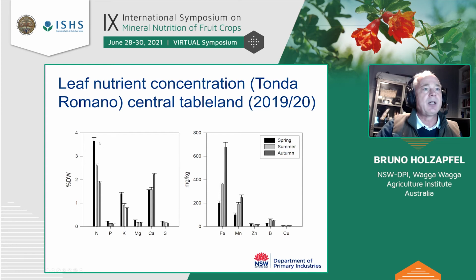So we find considerably higher levels for nitrogen in Tonda Romana at the beginning of the season, and for iron at the end of the season. That will, of course, help to be more accurate with nutrient application to understand these dynamics.